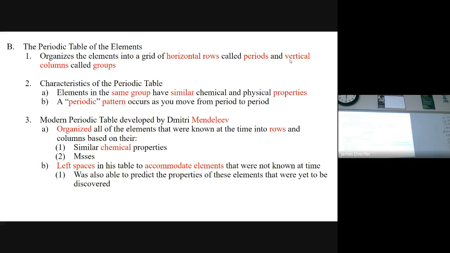And so based off of silicon and other elements that were known, their characteristics in that same group, Mendeleev went on to make assessments of what the properties of the unknown element should be.